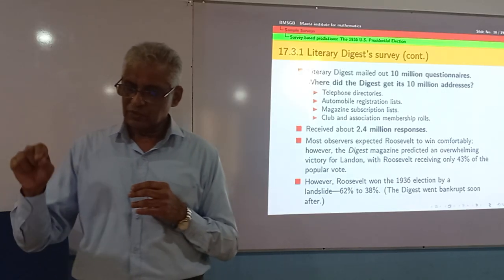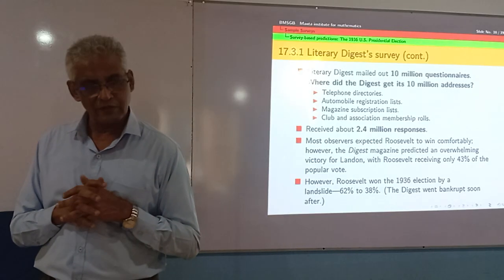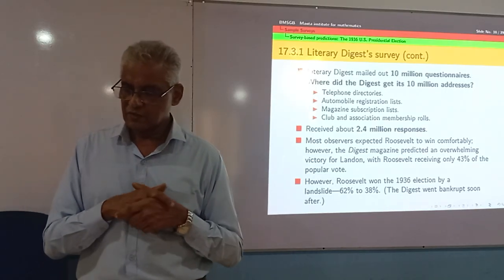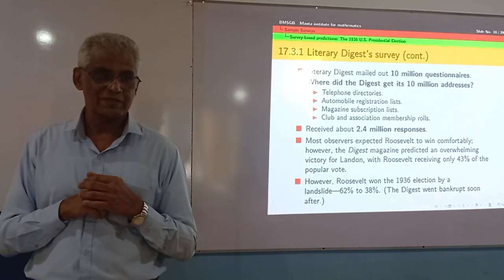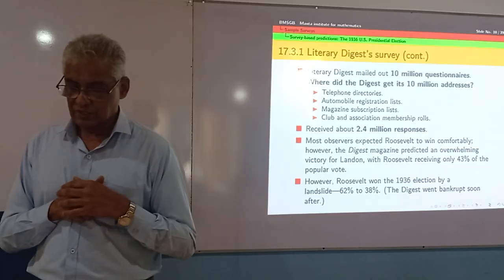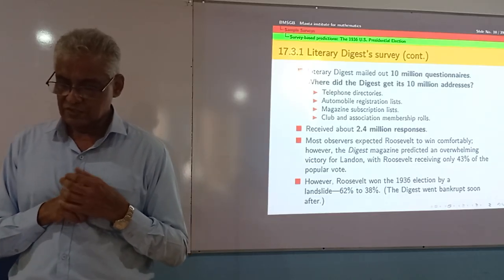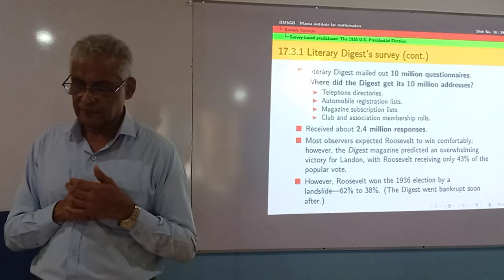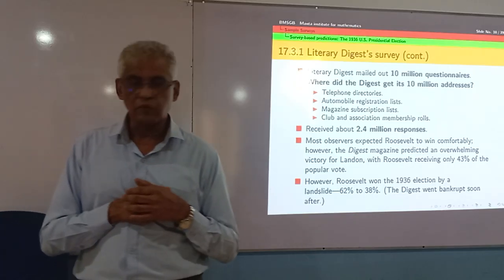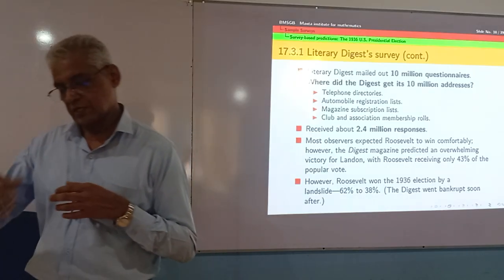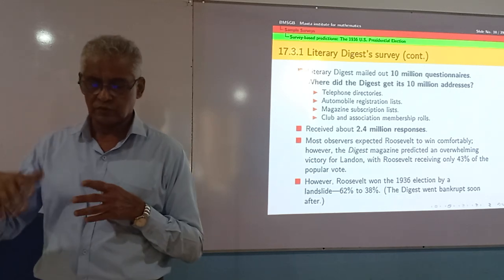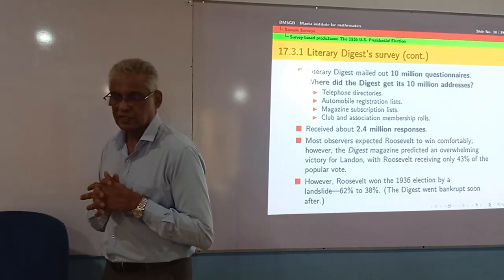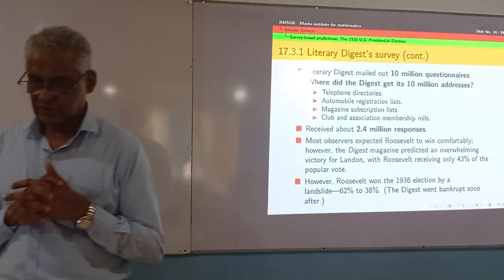But according to this particular survey, the Literary Digest forecast that the other person would win. They forecast that Roosevelt would receive 43% of the votes and the other would receive much more. Therefore, their prediction was that Landon would win.